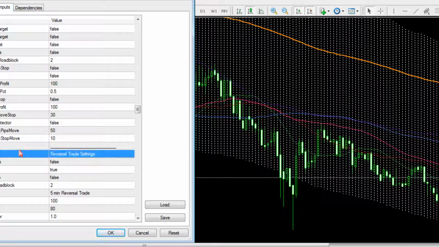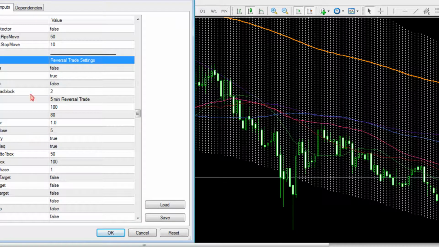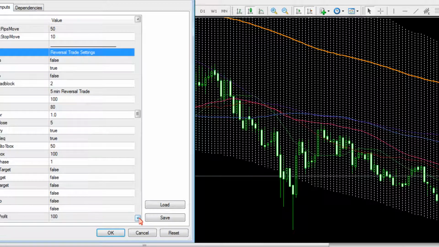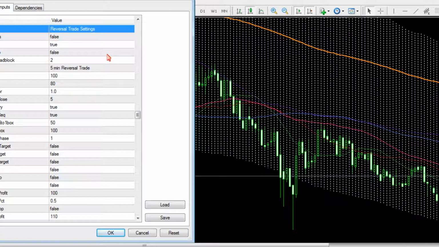Okay, hopefully now you're beginning to see a bit of a pattern coming through. The reversals, dynamic targets is switched off. Got the dynamic stops set to true because, again, I'm using the L7 somewhere.